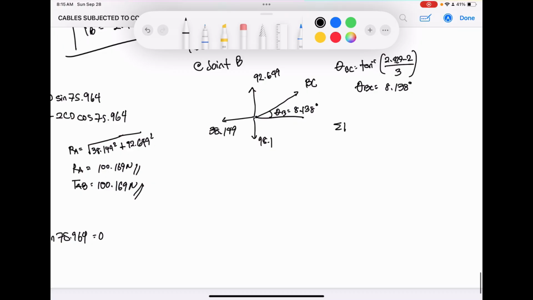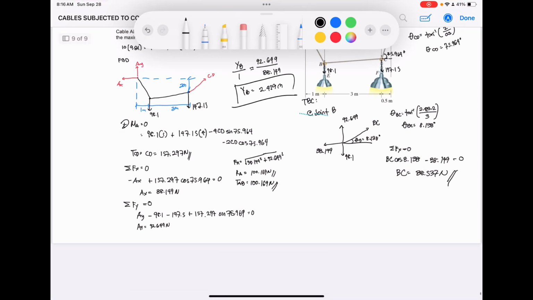Summation of moment along X equals 0. BC cos 8.138 minus 38.149 equals 0. BC is equal to 38.537 newtons. Di ba nahanap natin ang maximum?